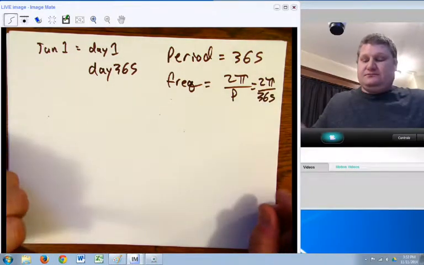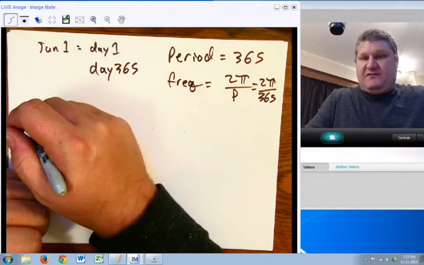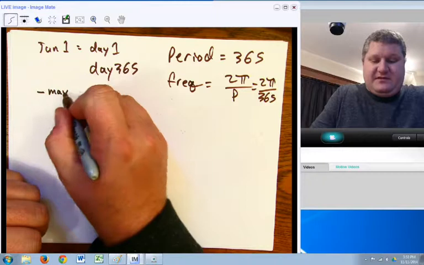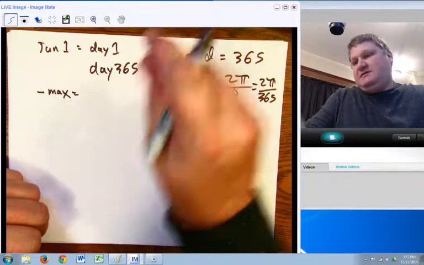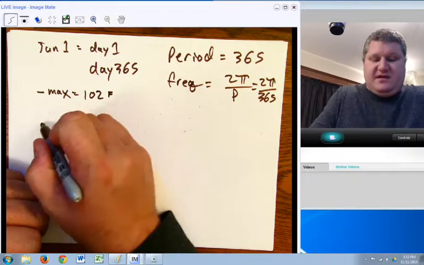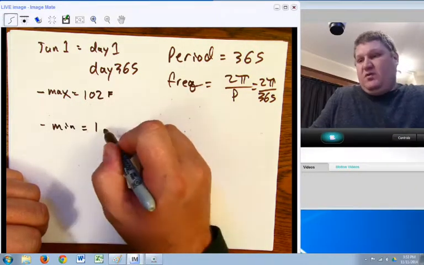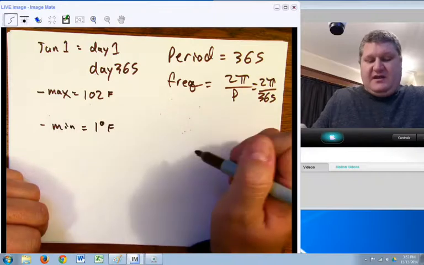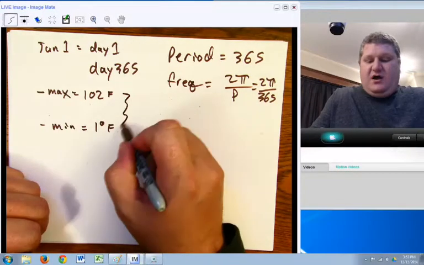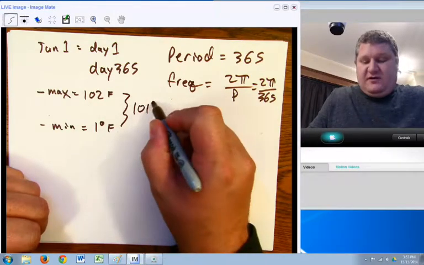Now, with that, we start plugging in a couple other pieces of information. If my max day is at 102 degrees Fahrenheit and my min day is equal to 1 degree Fahrenheit, that gives me a couple pieces of information. Number one, it means that I have a total height here of 101 degrees Fahrenheit.